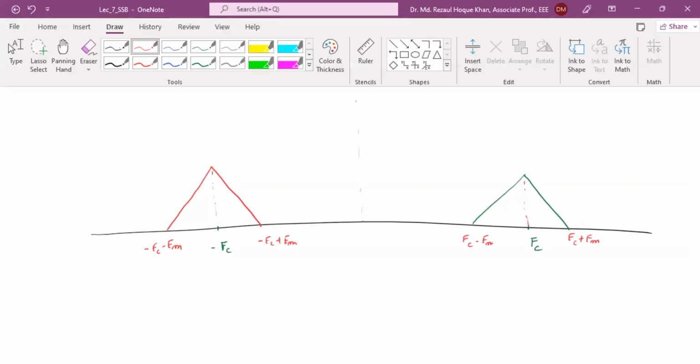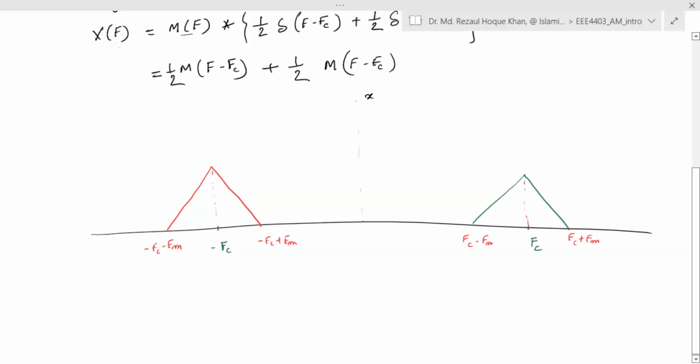This is the signal x(t), which is m(t) cos 2 pi f_c t, or the signal X(f) in the frequency domain.